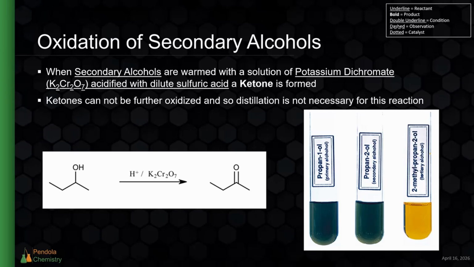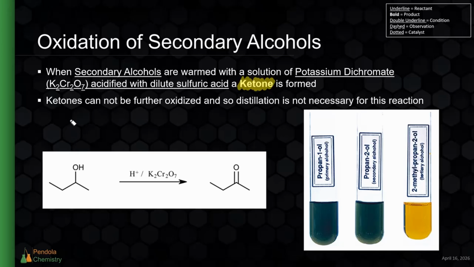There is no further oxidation here. Secondary alcohol gets oxidized into a ketone and that is it. That ketone does not keep reacting, nothing else happens. It's just a straight up reaction. Ketones are not going to need distillation like aldehydes will. They will just stay in the solution and not be reacted.